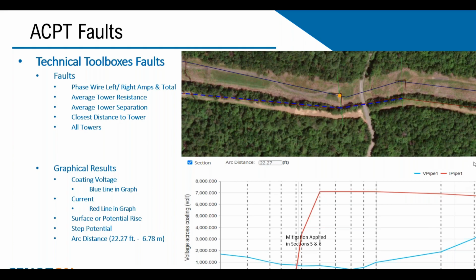Typically, the step, touch, and surface potentials are related to any above ground appurtenances, such as a valve, a riser, or anything like that, where someone could touch it, and there's a high likelihood of getting shocked if the appropriate grounding grids are not put around it.